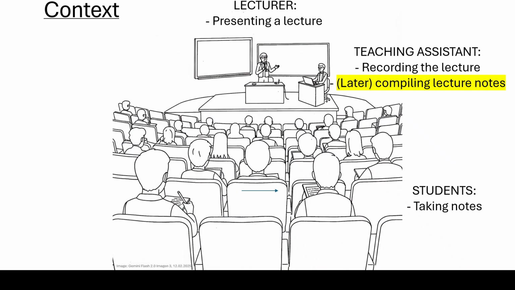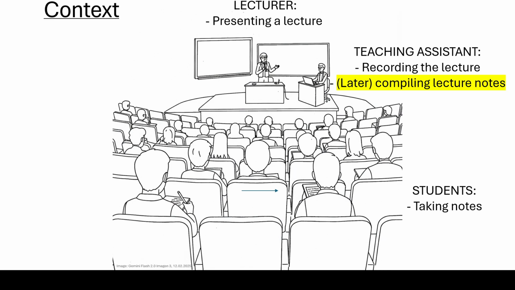So the context of lecture presentation is depicted on the screen. We have here lecturer, teaching assistant, and students. So this is a traditional lecture setting where different roles contribute to the documentation and understanding of lecture content.